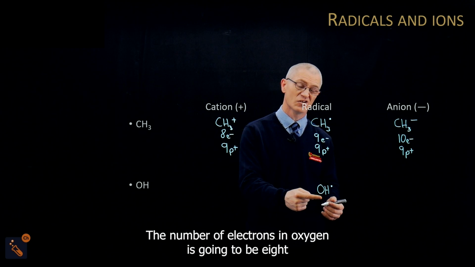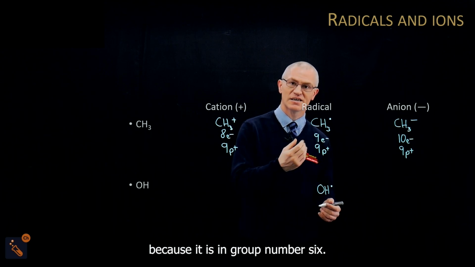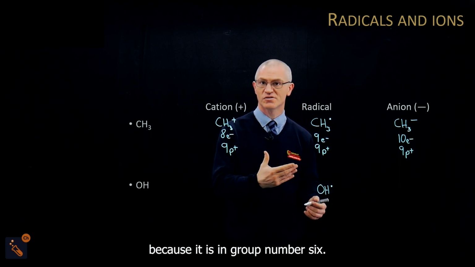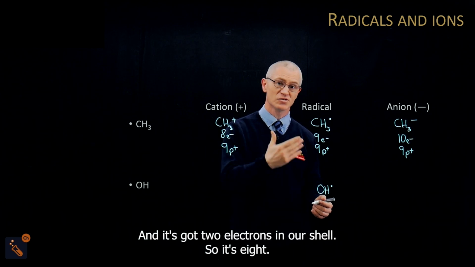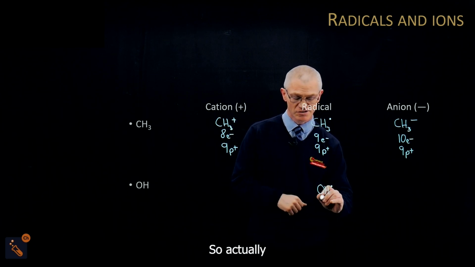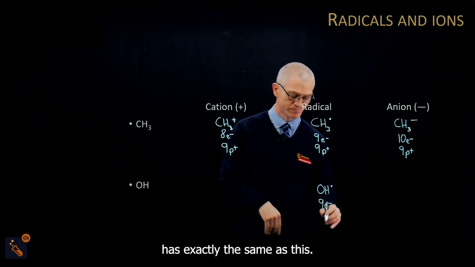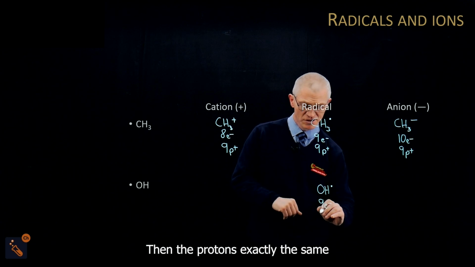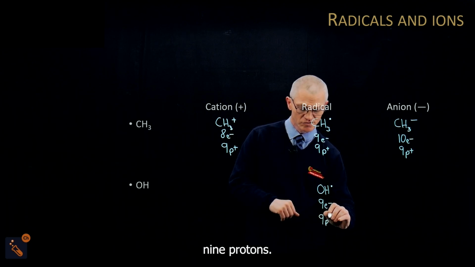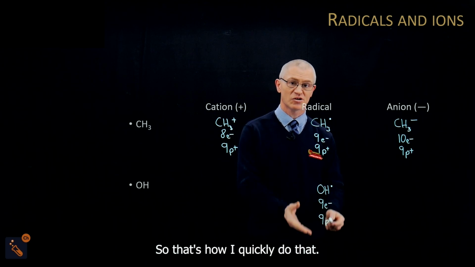The number of electrons in the oxygen is going to be 8, because it is in group number 6, and it's got 2 electrons in the outer shell, so it's 8. And there's 1 of those, so that means 9. So actually, it has exactly the same as this. Then the protons, exactly the same, 9 protons. Now, neutral, so that's how I can quickly do that.